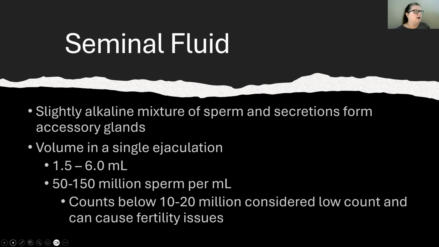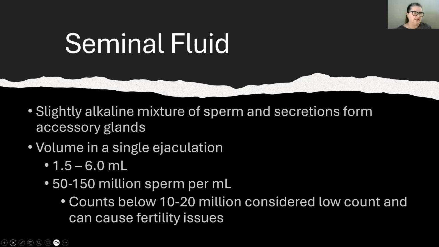In a single ejaculation of semen, which is what sperm and these fluids are called, you can expect 1.5 to 6 milliliters of ejaculate. And in each of those milliliters, in a normal, healthy individual, there will be 50 to 150 million, yes, I said million, sperm per ml.